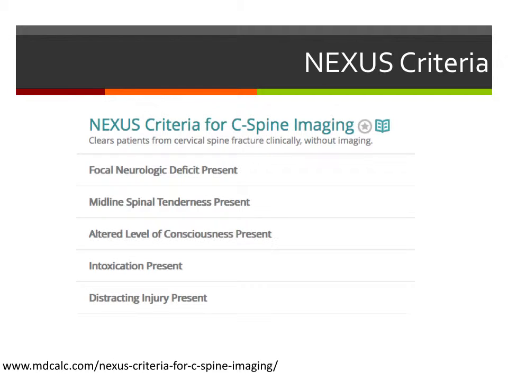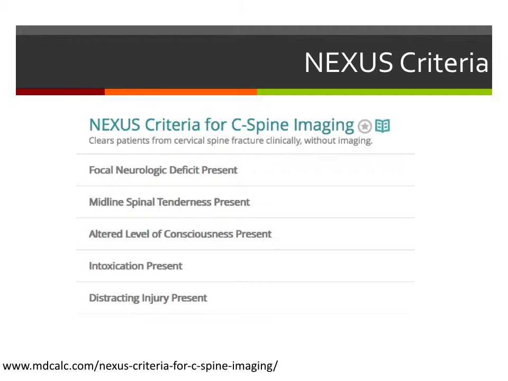The second piece of guidance for us to be aware of are the Nexus criteria that have been around a long time and have been validated for assessing adults with cervical spine injury. They're much simpler to remember, but one of the problems is that if you just use Nexus criteria, you end up imaging significantly more patients than if you rely on the NICE guidance or the Canadian C-spine rule.